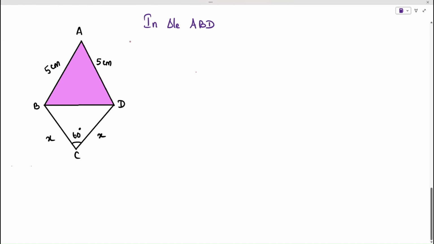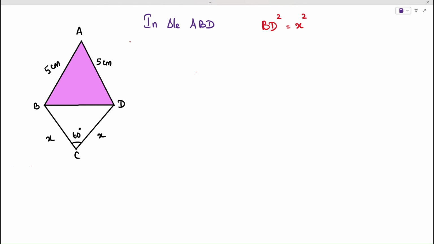We can now use the cosine rule again, but this time for the angle. You can use the cosine rule and rearrange it, or you could have memorized the rearrangement to find the angle.